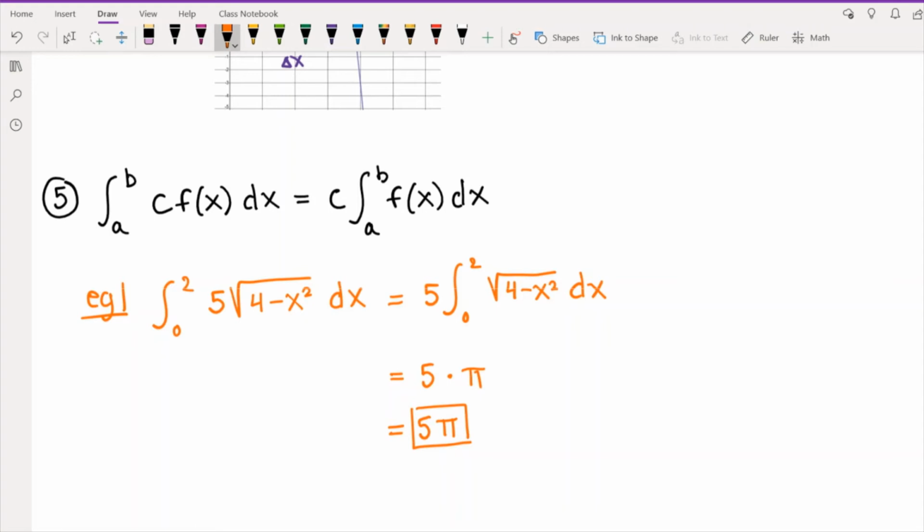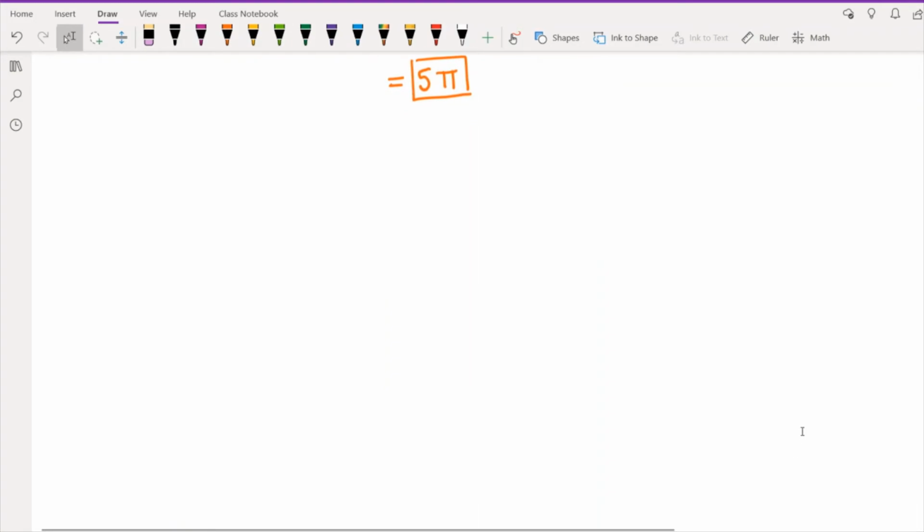All right, couple more properties, or let's see, I think this is the last one, but then there's one other thing that we're going to talk about as well. So this last property talks about how you can add up different integrals with different bounds.